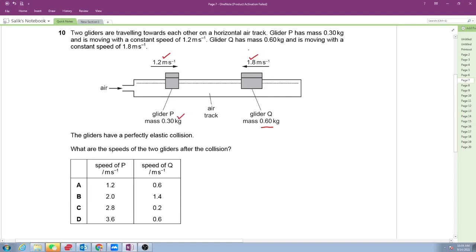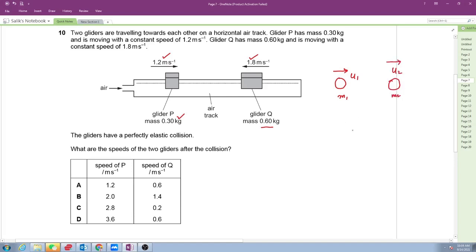This question we can simplify in two ways. First, I can give you the concept that the relative speed of approach is equal to the relative speed of separation. Consider a standard situation: mass m1 with velocity u1, and m2 with u2, both traveling towards the right.